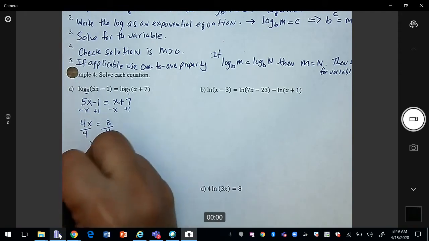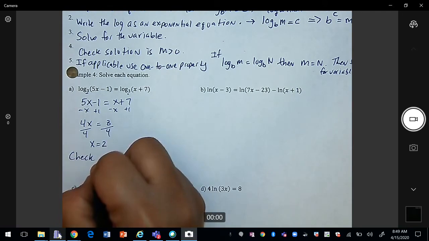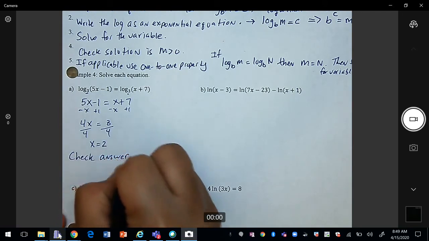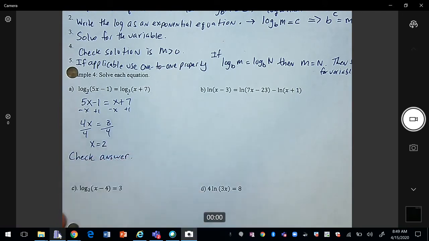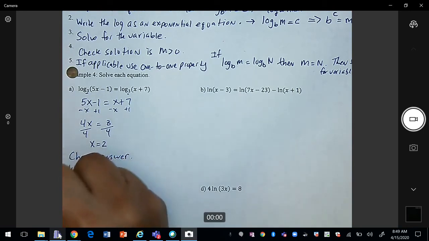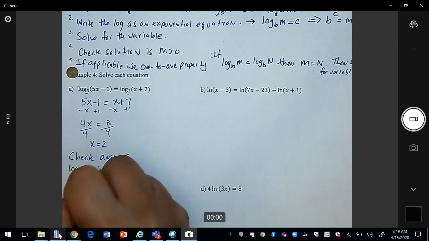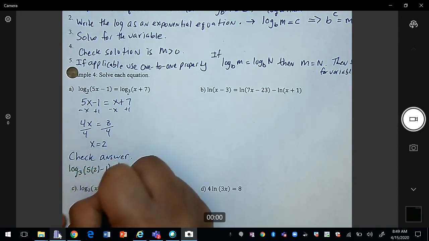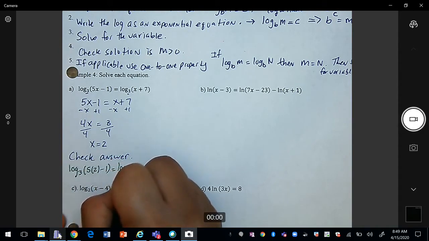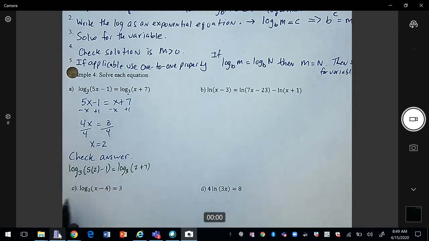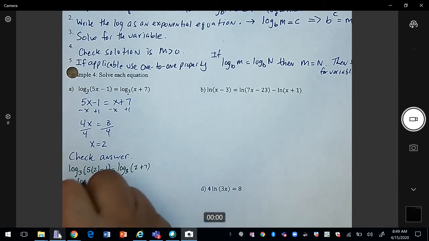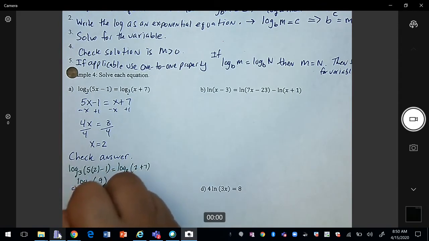We need to check our answer. If I check my answer, I'm going to have log base 3 of 5 times 2 minus 1 equal to log base 3 of 2 plus 7. 5 times 2 is 10 minus 1 is 9.